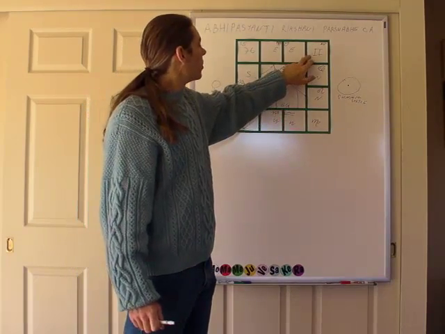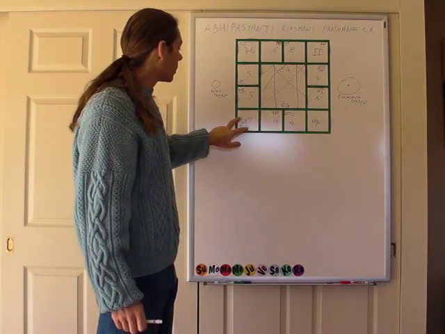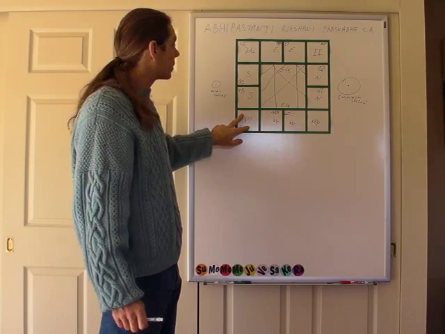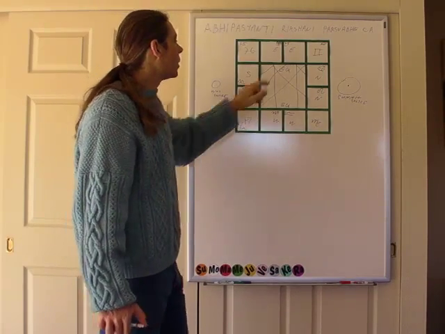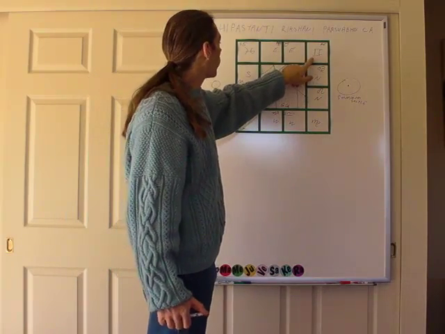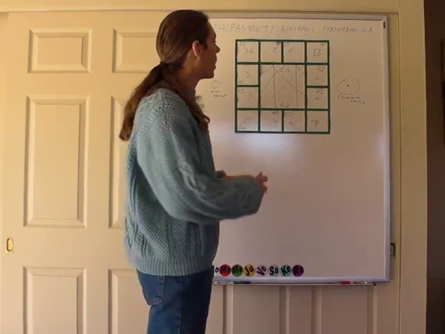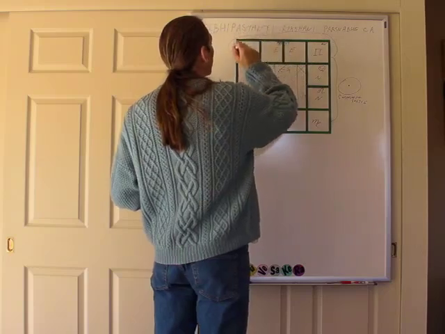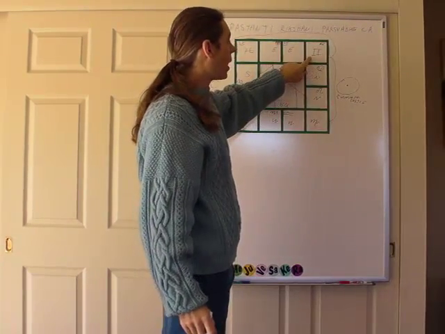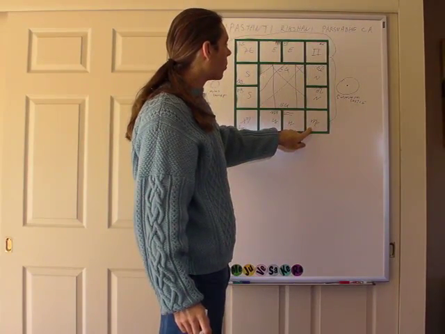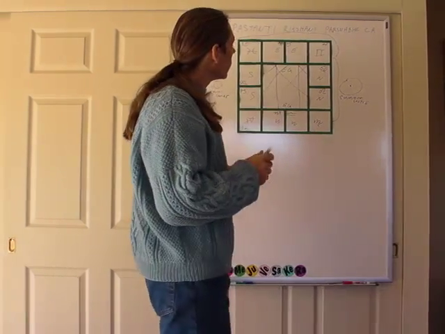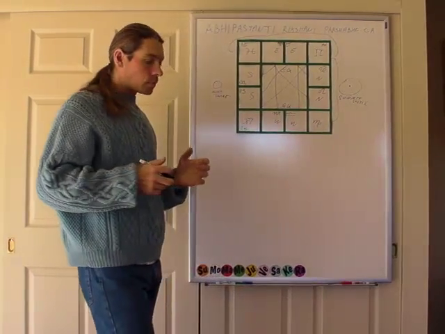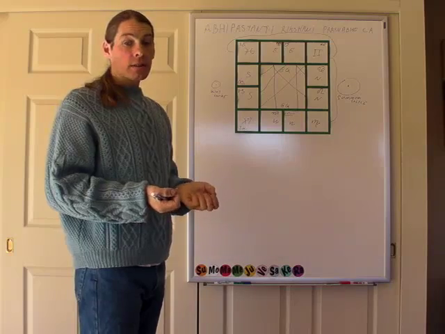So Gemini, which is movable and fixed, aspects Sagittarius, which is movable and fixed. Alright, that makes sense. Now Gemini has to aspect its side directions, southeast and southwest, which it does. And again, Gemini, which is a dual sign, movable and fixed, aspects Virgo, which is movable and fixed.